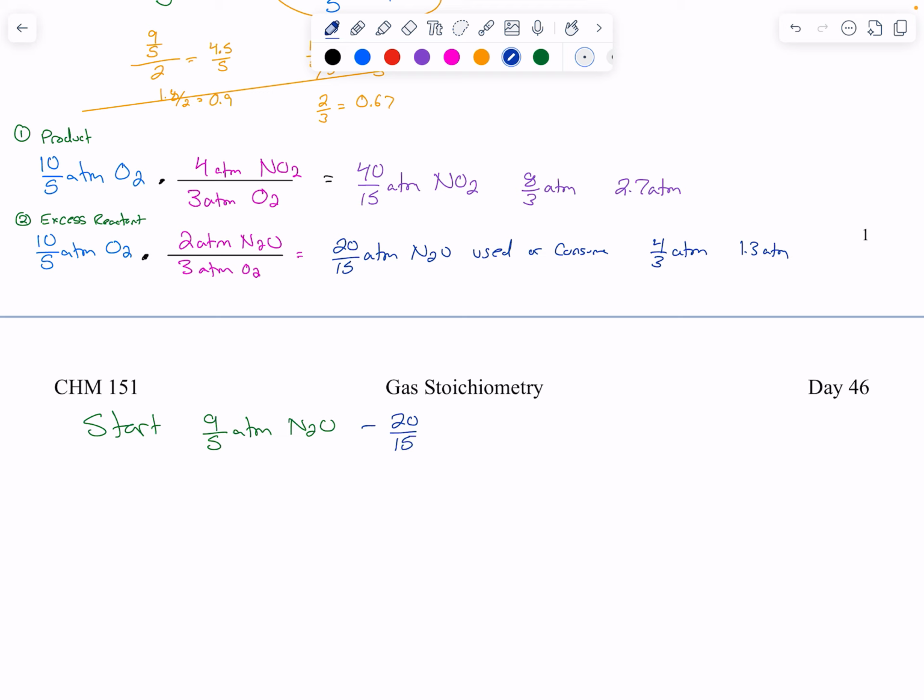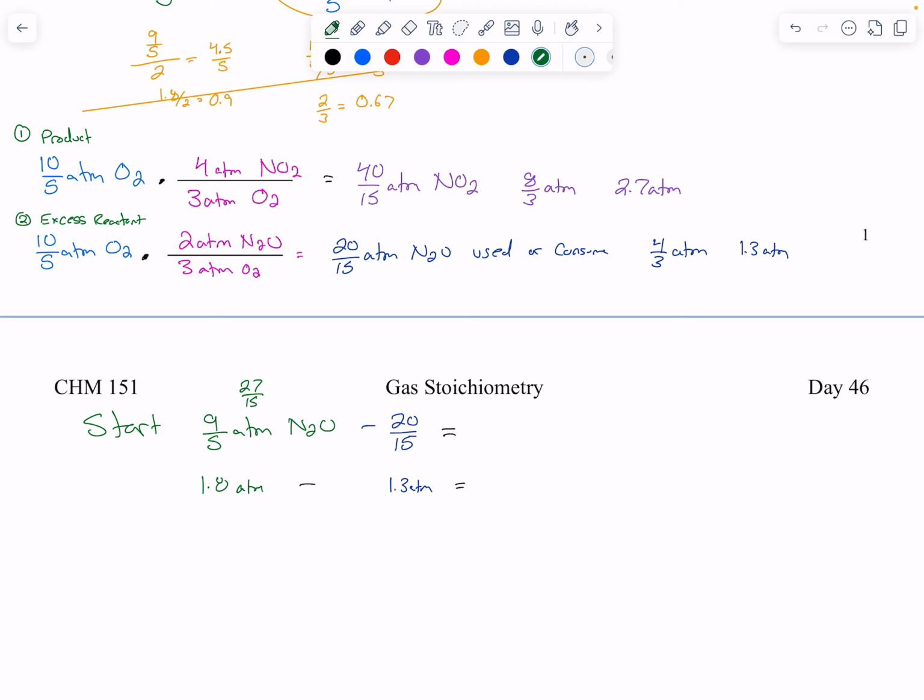All right, now, again, this is also 1.8 and 1.3. So now it depends on how you are with math, right? It does not matter to me. 9/5 to 15ths is 27/15.